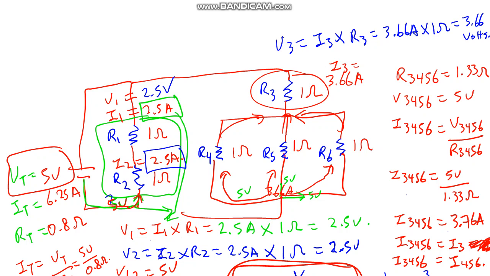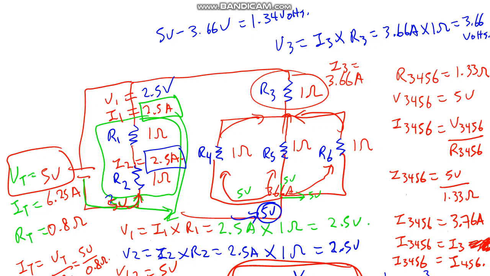Okay. And now you had 5 volts going in here at the beginning of the circuit, but R3 is using up 3.76 volts. So that means the remaining R456 is using 5 volts minus 3.76 volts, which is 1.24 volts.